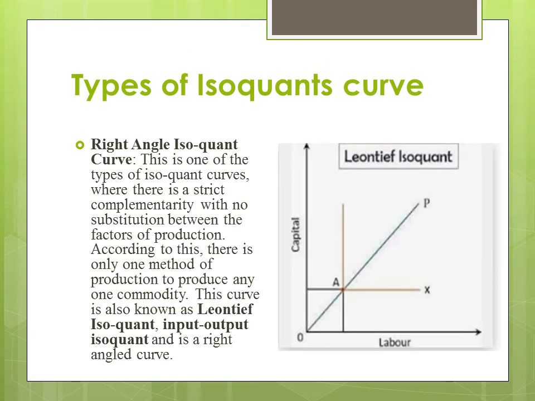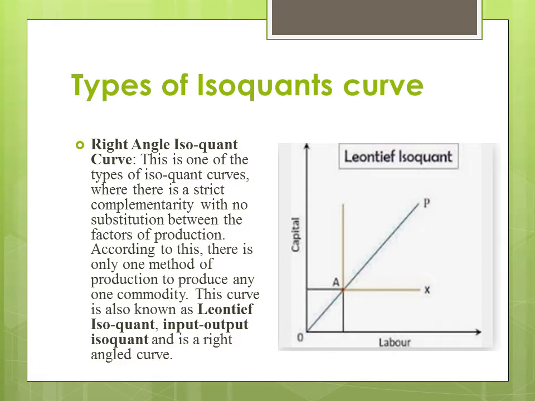The next type is the Leontief isoquant. You can see that here it has an L shape, and we also call it the right angle isoquant curve. Leontief, who was awarded the Nobel Prize in 1973, basically for his fine work in input-output analysis.